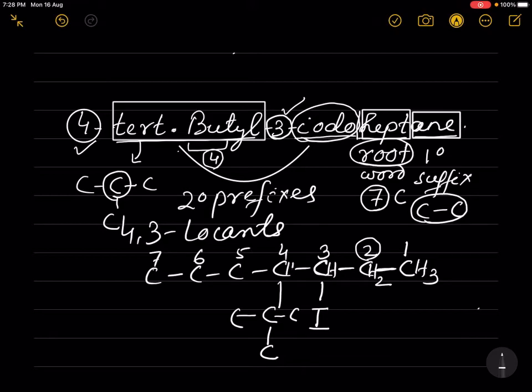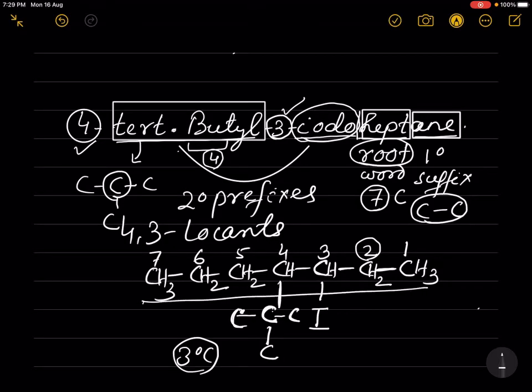In fourth carbon, only 1 H is there. In fifth carbon, there are 2 hydrogen atoms. In sixth carbon, you will find 2 hydrogen atoms. In seventh carbon, you will find 3 hydrogen atoms. In case of this tertiary carbon, there is no hydrogen atom because this tertiary carbon is bonded to 3 carbon atoms on 3 different sides, and the fourth bond is bonded to the parent chain.